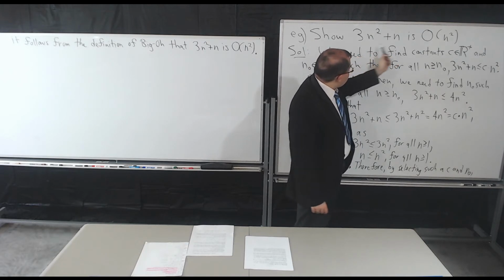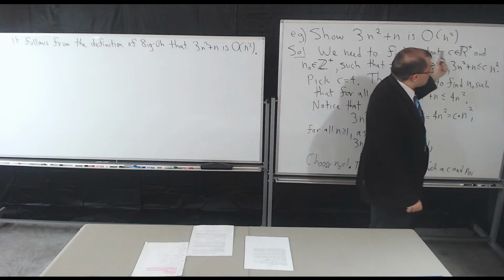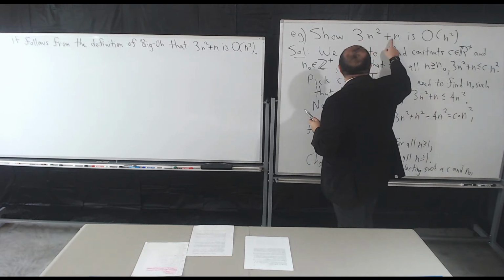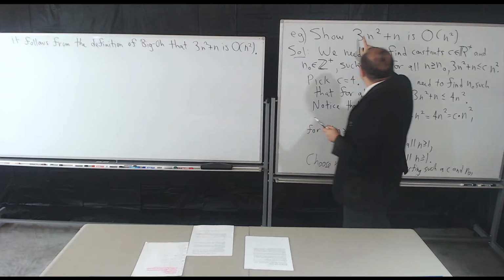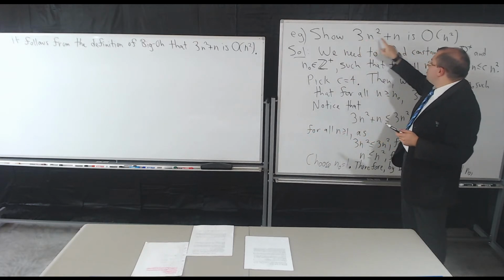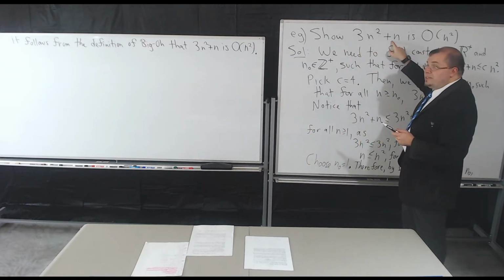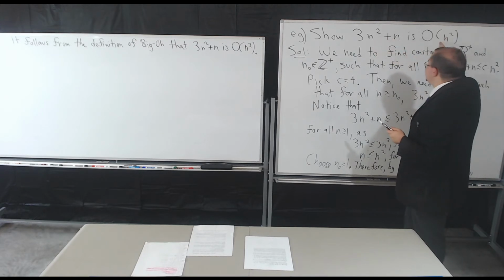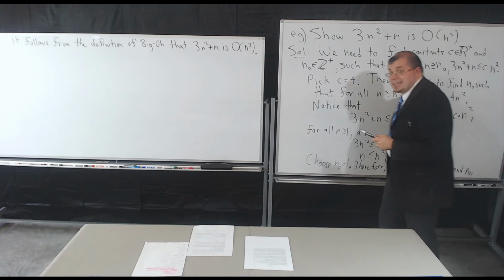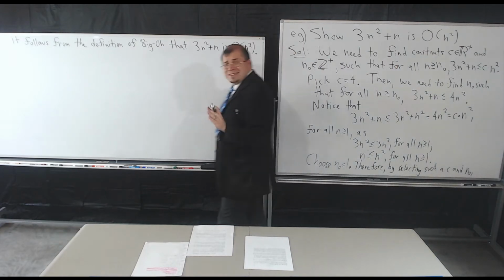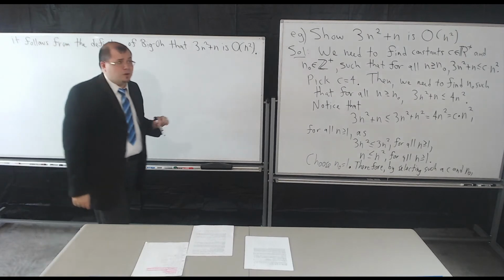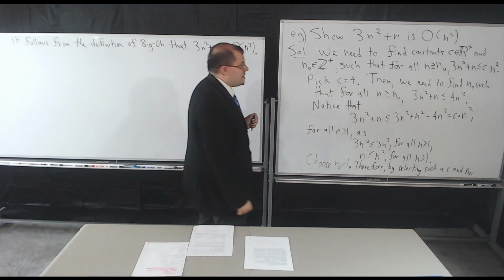This is F right here, and this is G. I took each of the coefficients of my polynomial, so I picked 4 because 3 plus 1 is equal to 4. This makes it big enough so that I can invoke some reasoning like this. Does that make sense to everybody? That's the general strategy you can use involving polynomials like this. It's a very nice technique.